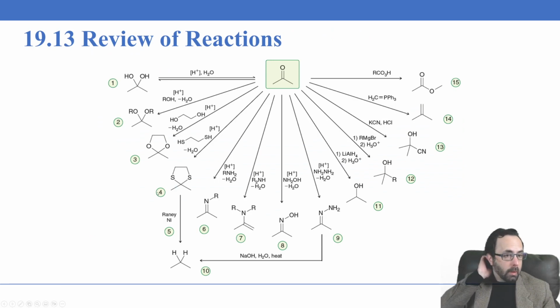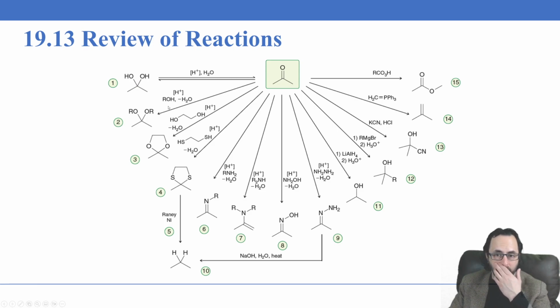Finally, we talked about all the reactions that could be used to create a carbonyl. Once you have the carbonyl, we've learned in this chapter a whole host of reactions that can be done to turn that carbonyl into a variety of other functional groups. And so just in summary, if we react under acidic conditions a carbonyl with water, we end up with this dihydroxy carbon.